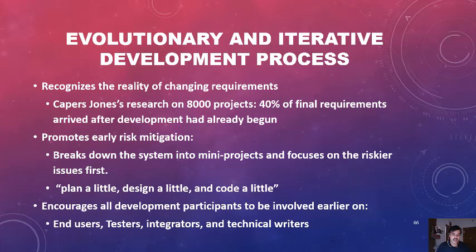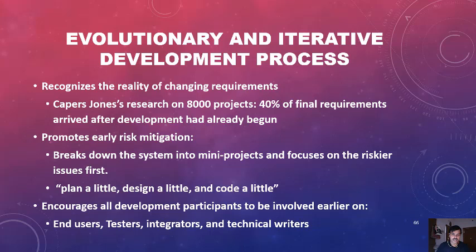It encourages all development participants to be involved earlier on. The end user, tester, integrators, and technical writers do not have to wait until the software has been completely prepared. The end user can work after the first iteration. They can use the software and give feedback.